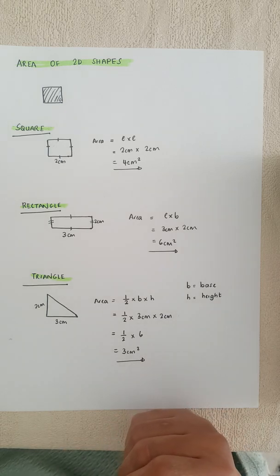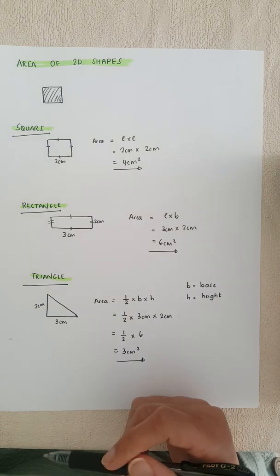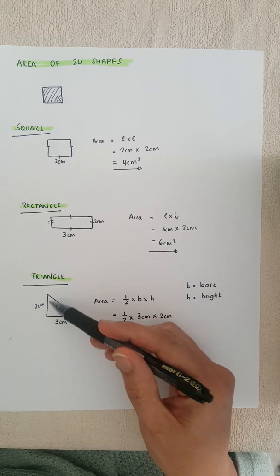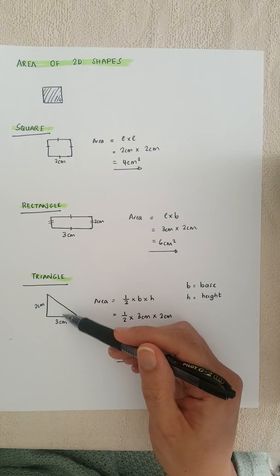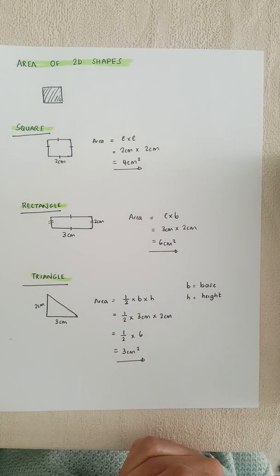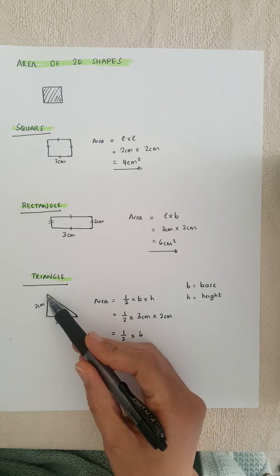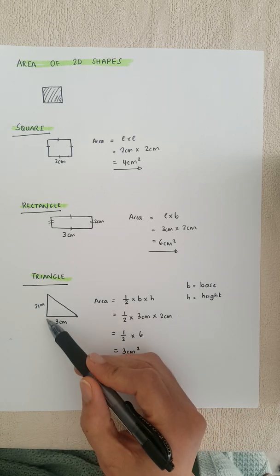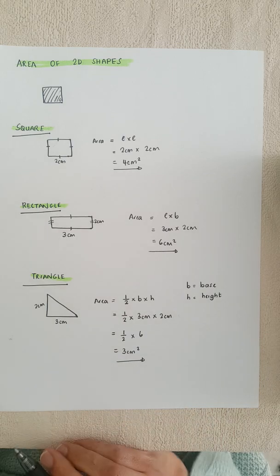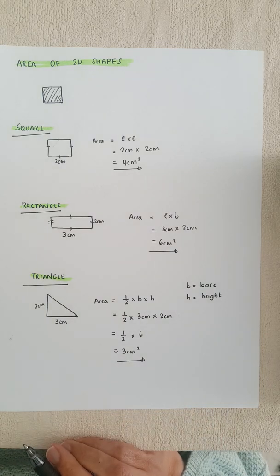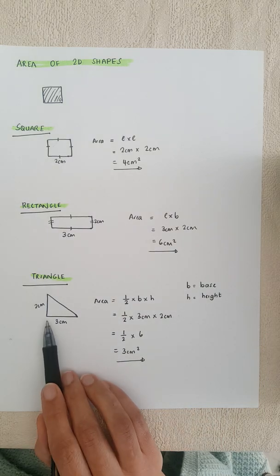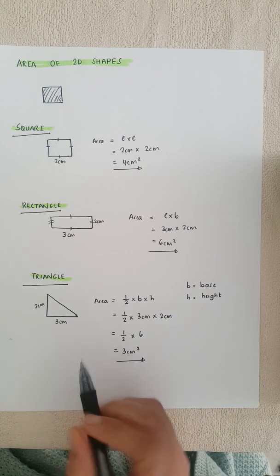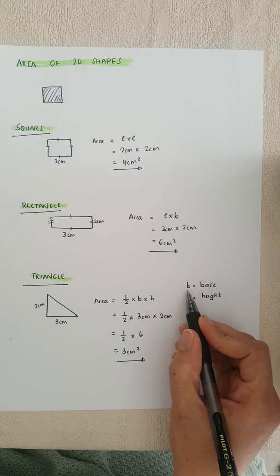Then we're moving on to a triangle, and we want to find the area of the triangle, which means we want to know how much space there is inside this triangle. Now you are given the measurements of this line and of that one. There are two things we need to know when we're doing a triangle. This is called the base of the triangle, and we write it as b.